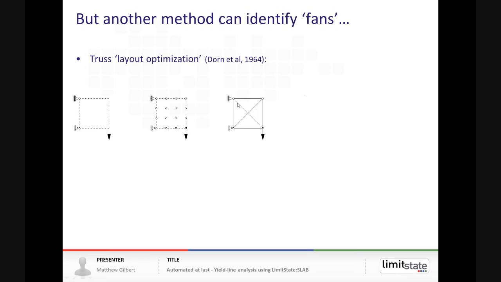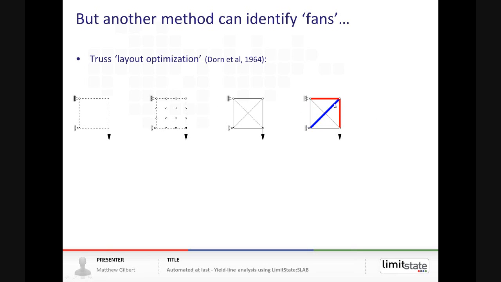And what we do is we connect those nodes together, and then we use optimization to find the most optimal layout of, in this case, truss bars. Normally with truss layout optimization, what we're trying to do is minimize the volume of the truss. So we're finding the topology or the layout that corresponds to that objective.